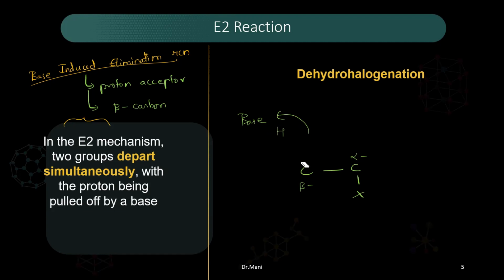Okay. So at the same time, simultaneously, whatever the halogen is there, it will try to break the bond with the other carbon. See, this halogen is normally attached to this carbon. But when the proton is leaving, at the same time this halogen is also trying to leave. So there is bond breaking happening at the alpha carbon as well.